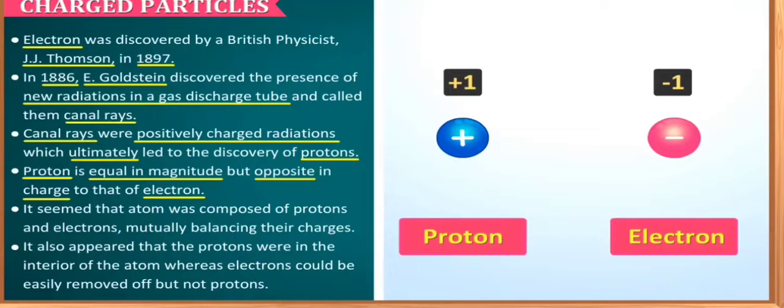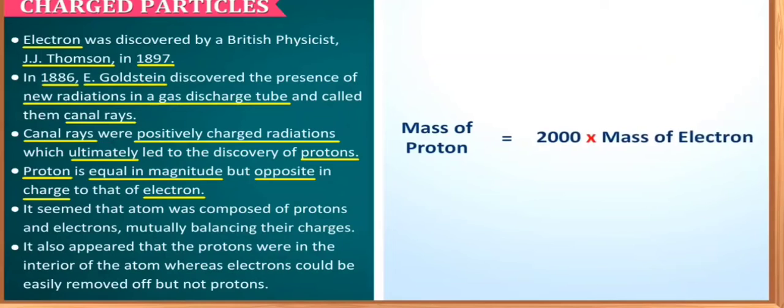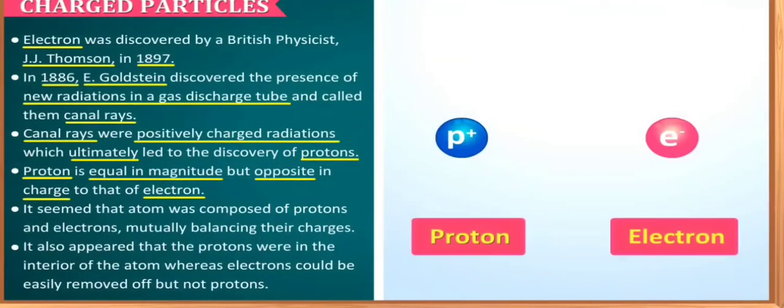We see from both these charges that the magnitude of electron and proton are the same, that is 1, but both are oppositely charged, +1 and -1. Thus we can say that proton is equal in magnitude but opposite in charge to that of the electron. The mass of proton is approximately 2000 times more than that of the electron.